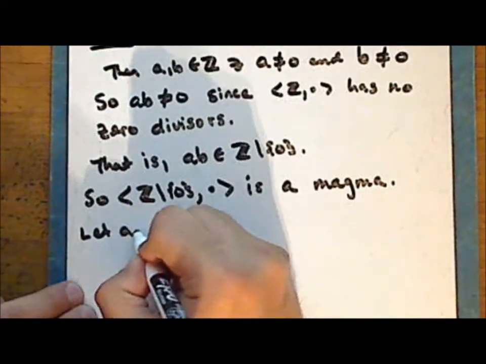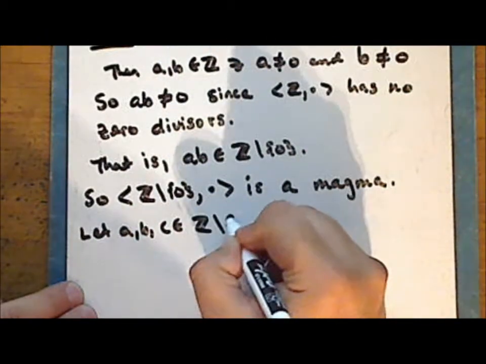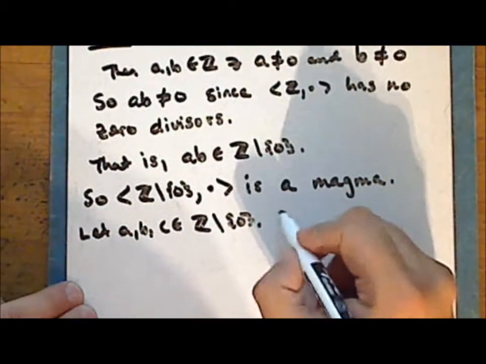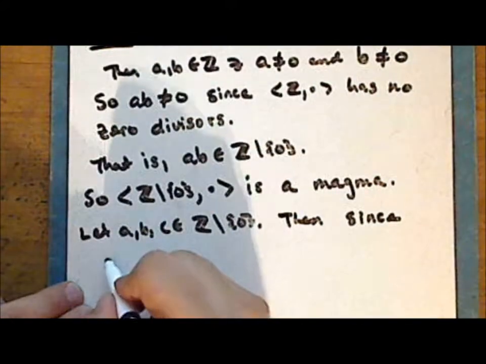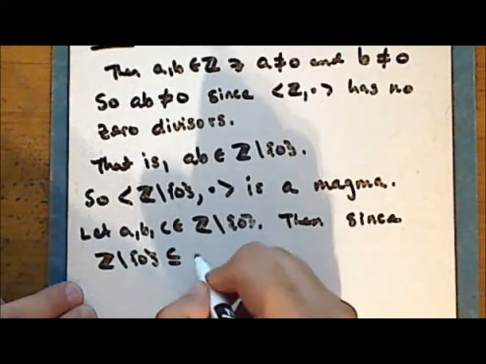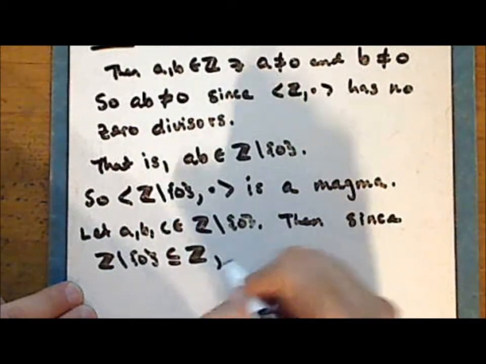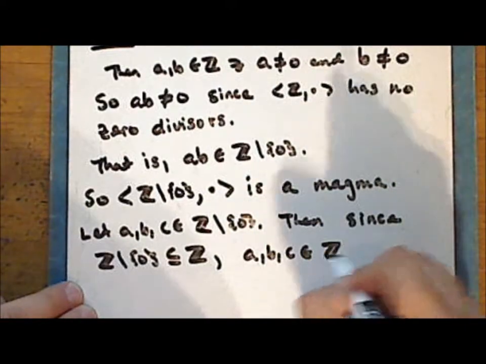Now let the elements A, B, and C be in the set of non-zero integers. Then, since this set is a subset of the entire set of integers, the elements A, B, and C are in the set of integers.